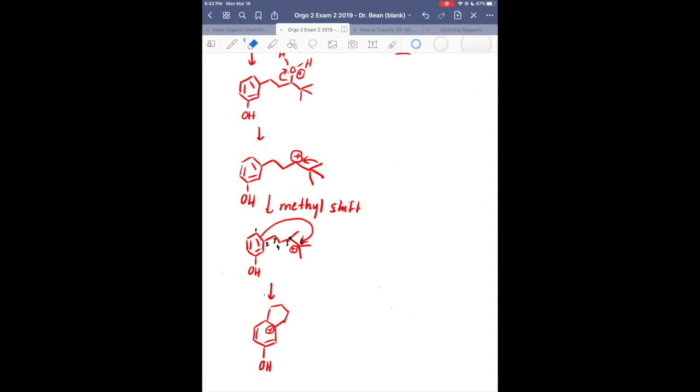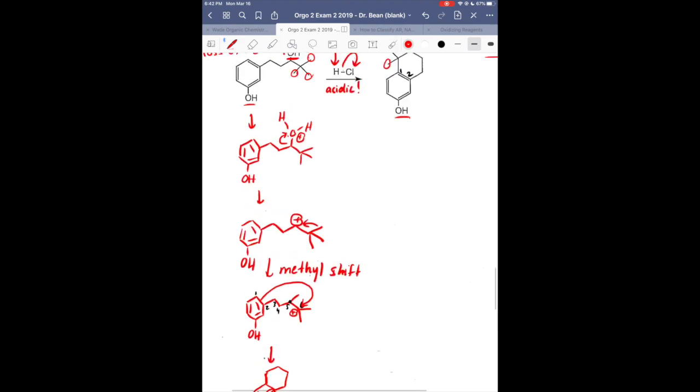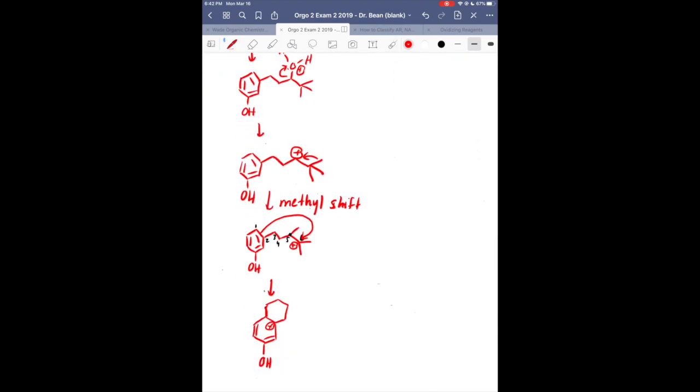So we form a 6-membered ring, right? We form it, well, this looks so bad, I'm sorry. Let me draw it better for you. Okay, so we form this 6-membered ring. The left carbon is the one that gained that electrophile, you could call it.